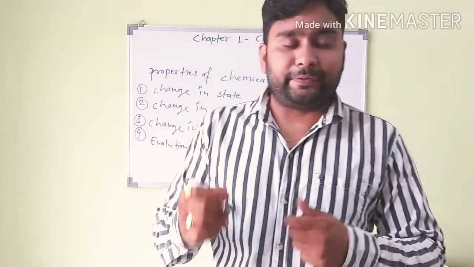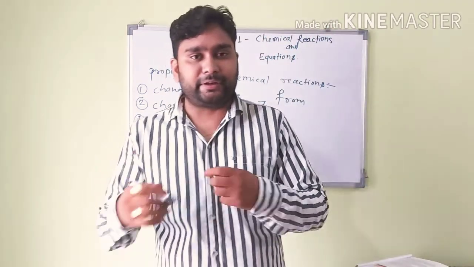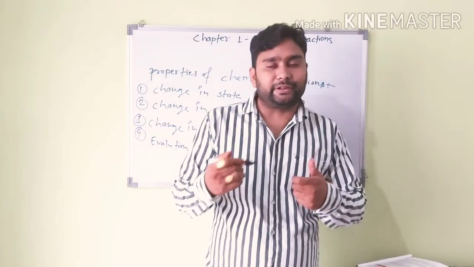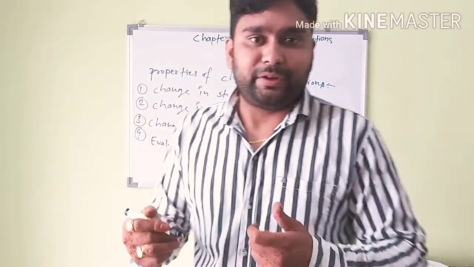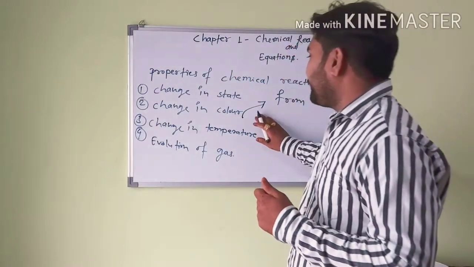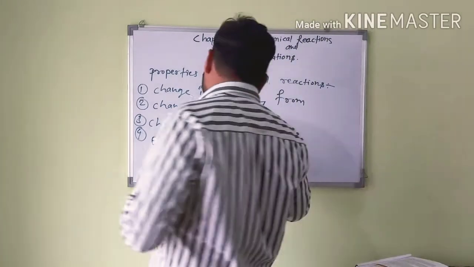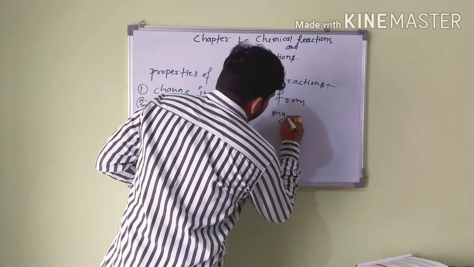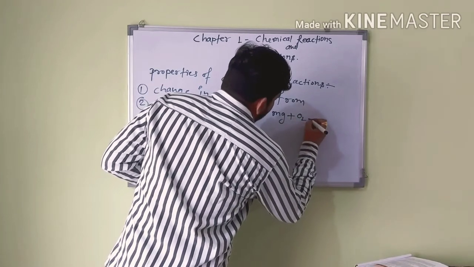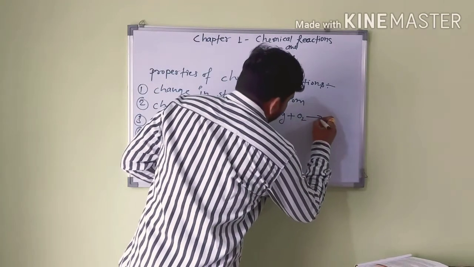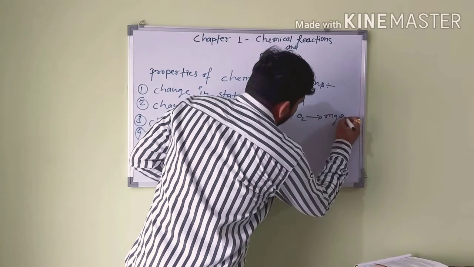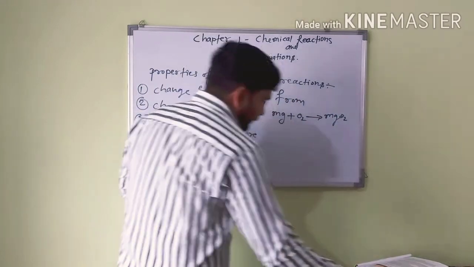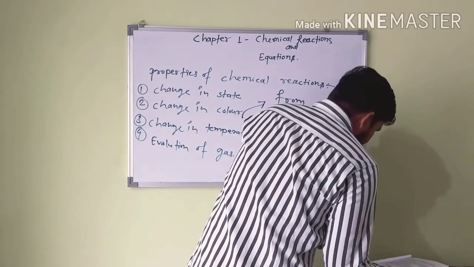There is a different color at first, and after that the color changes. That is also a chemical reaction. Also, when magnesium ribbon is burned in the presence of oxygen, it makes magnesium oxide.